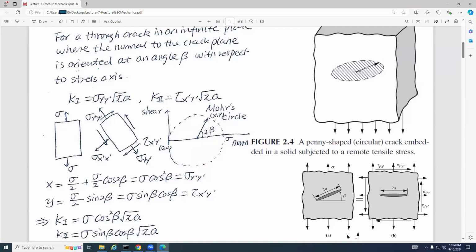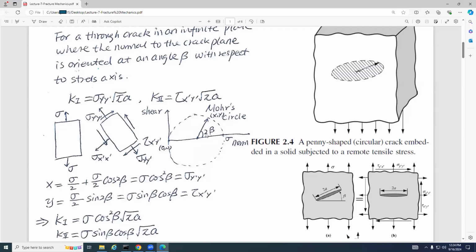You can see we just tilted a little bit, and we have sigma yy going up and sigma y prime x prime shear. These two shears are shear couples, and they will generate mode 2 crack propagation. And the normal stresses will have mode 1 opening. You understand, guys?